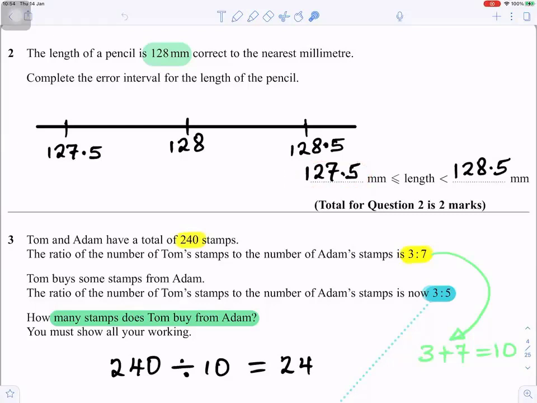That's why we have the less than or equal to sign there. That means it includes 127.5. We round down to 128, but not 128.5. So that's why we have the less than sign. It does not include 128.5. The number just before 128.5, like 128.499999.